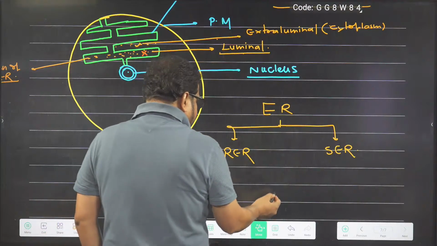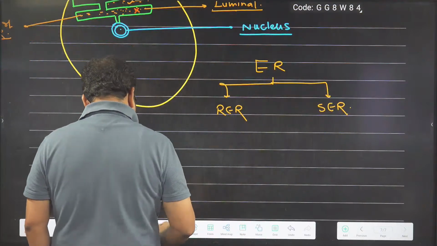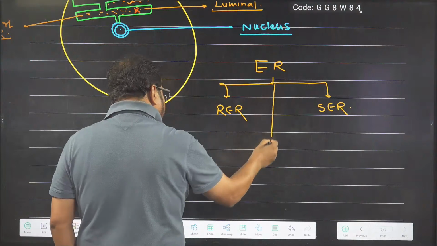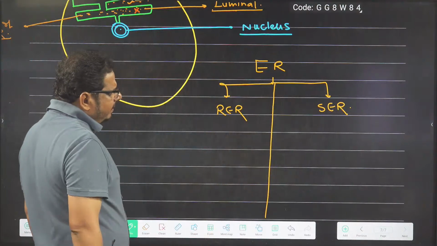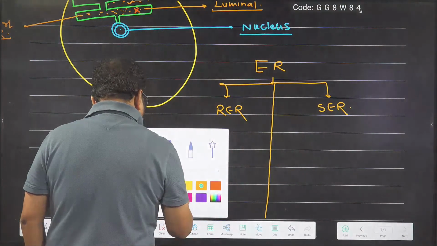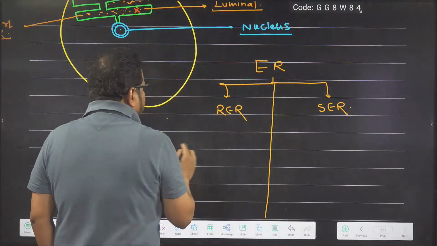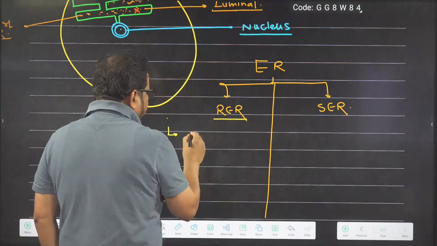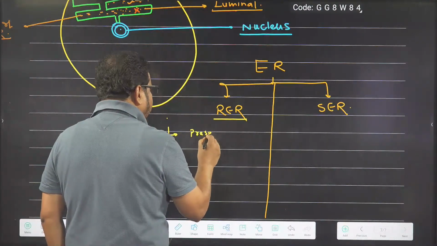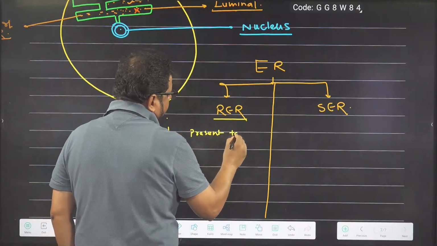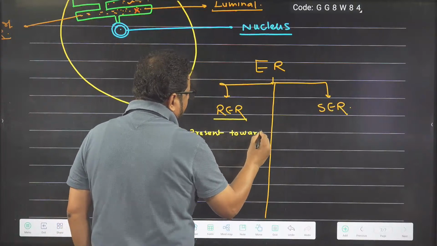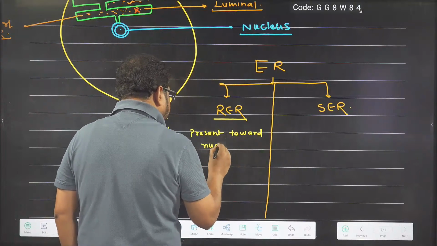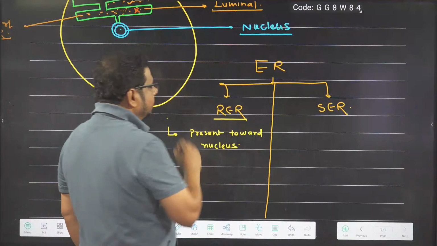So what is the basic difference between RER and SER? I am just telling you. RER is present toward the nucleus in the cell.